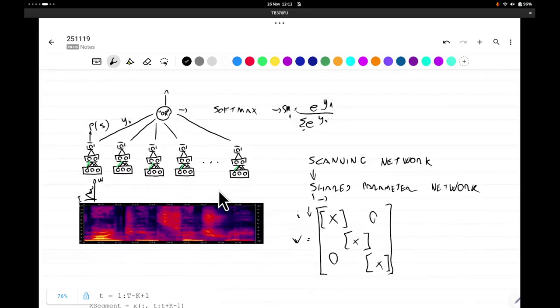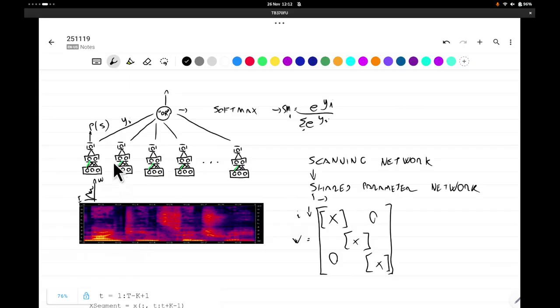The next smart step is to say, well, let's say that I have a network that looks only at a specific subset of the image, say some interval, and then I conceptually move the network in time.